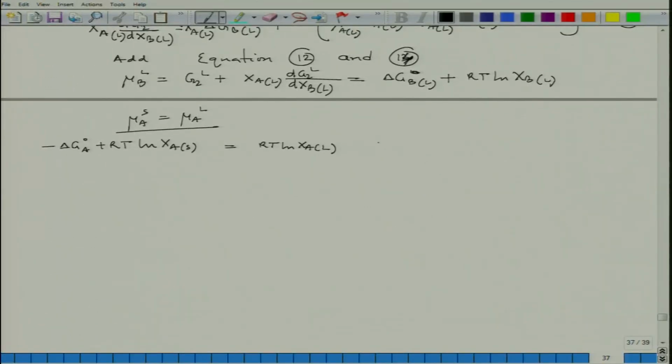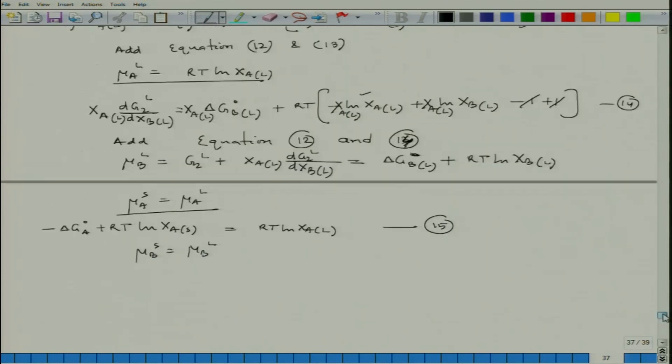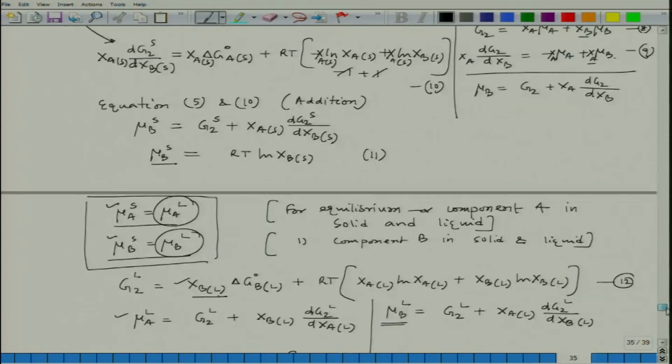This is the equation which is, let us say, equation 15, and similarly for another equilibrium, mu Bs equal to mu Bl, in that case mu Bl we have calculated, which is nothing but mu Bs.